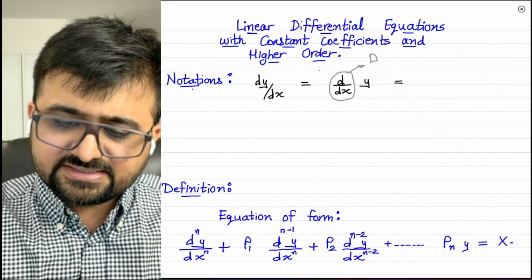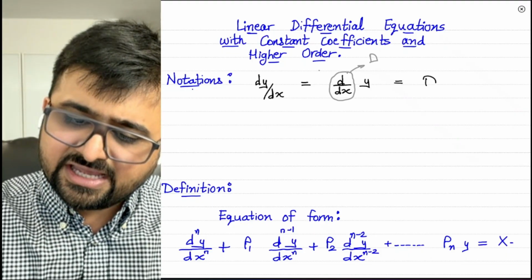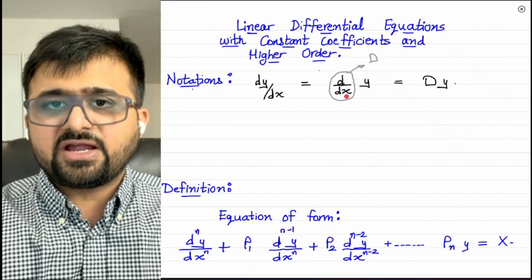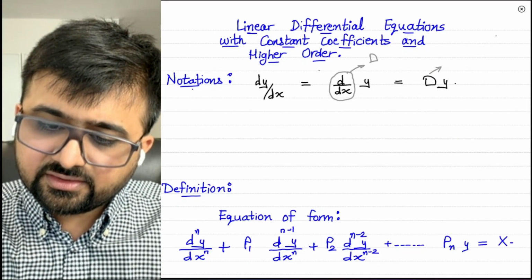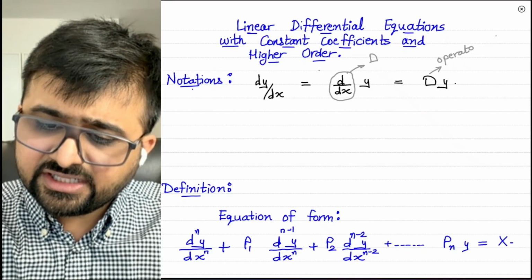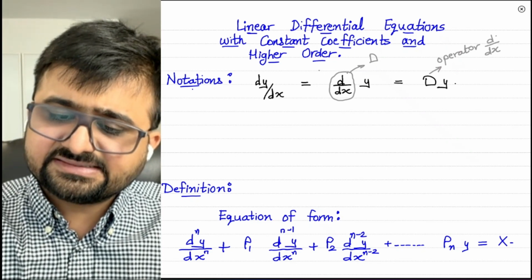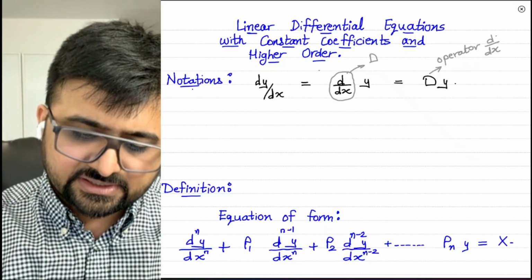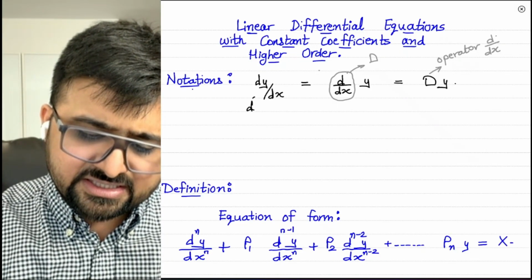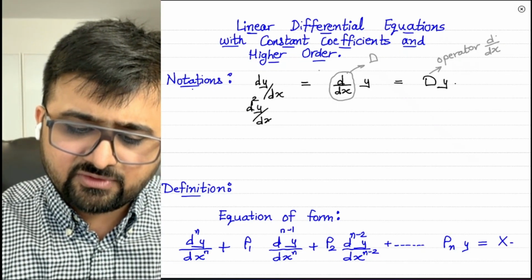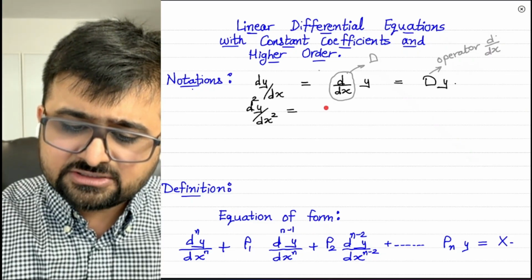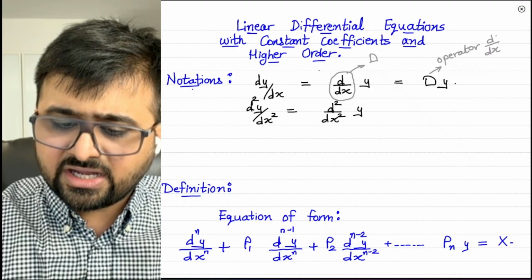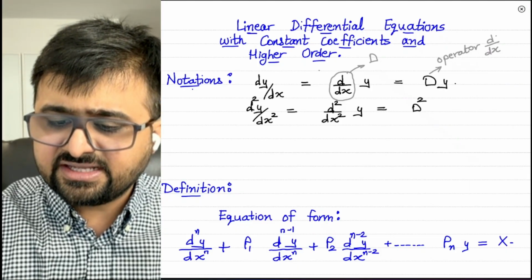So in other words, this dy by dx can be written as Dy, where D is nothing but d by dx. So D is an operator, d by dx. That operator d by dx in this chapter is represented as D. Now we can extend this idea to higher order derivatives as well. So d2y by dx square, the second order derivative of y with respect to x, can also be represented as d2 by dx square of y, which can also be represented as D square y.